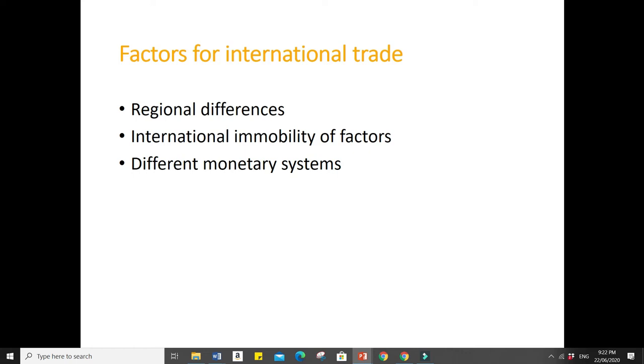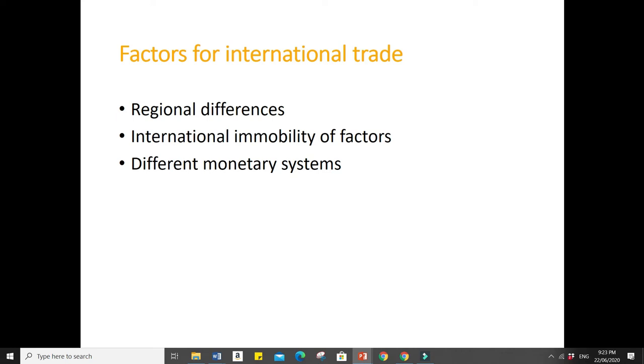So for example, gold standards, where a country's currency has a value directly linked to gold. So in gold standard, economies agree that they can convert their money in fixed amount of gold. But due to the abandonment of gold standards, the different economies now have their different monetary and credit policies.